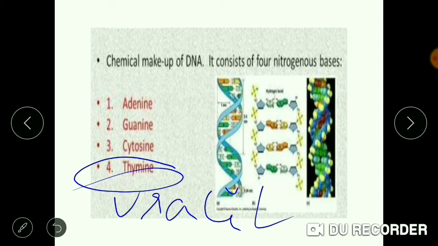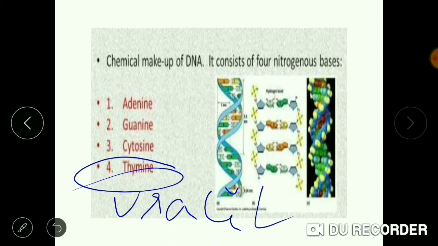All the components will remain the same. Only the difference will be that in place of deoxyribose, ribose sugar will be present, and in place of thymine, uracil will be present. Rest of the things will remain the same in case of RNA.